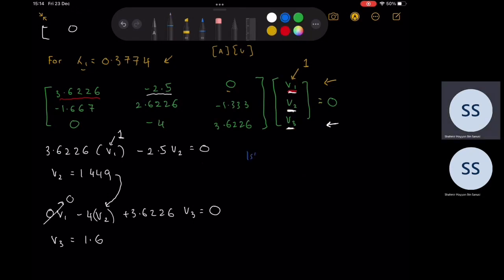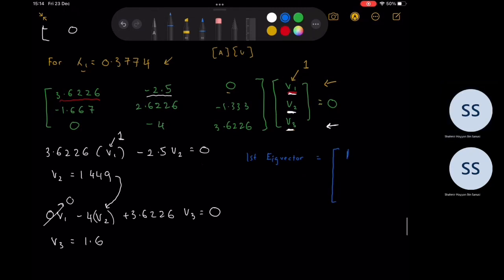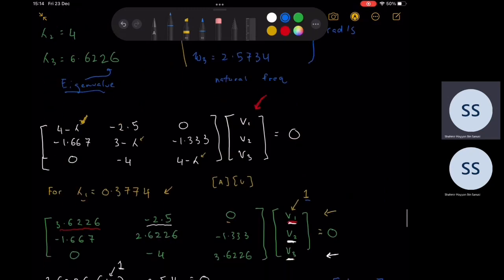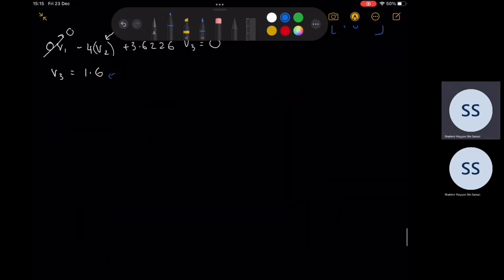So the first eigenvector is V1, which is 1, V2, which is 1.449, and V3, which is 1.6. All right, so that is for the first eigenvector.